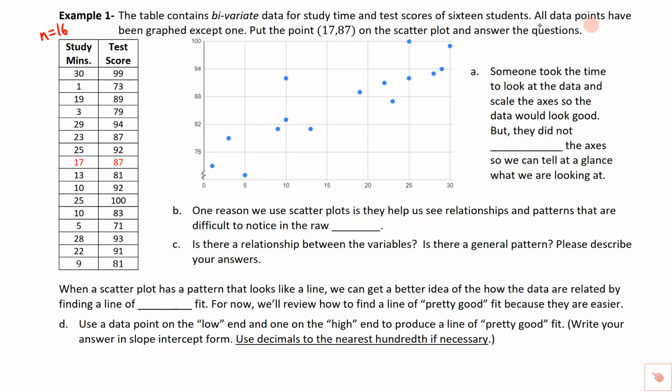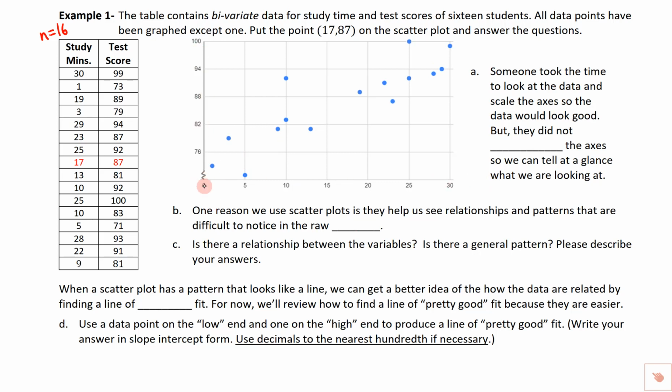It says all data points have been graphed except for one, and it says put the data point 17, 87 on the scatter plot, and then answer the questions below. So I haven't put 17, 87 on there. 17, 87 means 17 minutes of study time, and they ended up with an 87 on the test score. Now, you'll notice that somebody took the time to look at the data and scale the axis so the data is going to look good. So we can fit all of this data in here in the X direction, if you want to call it that, and then in the Y direction also.